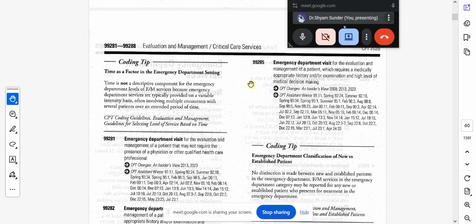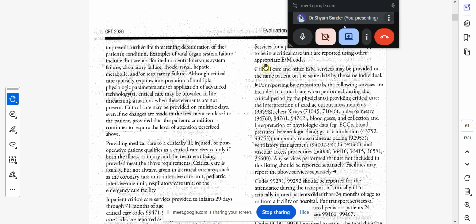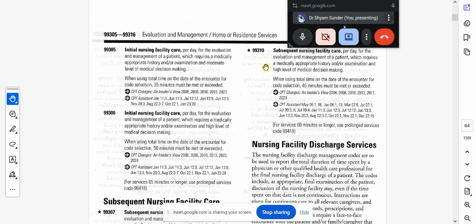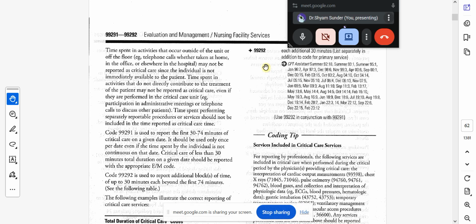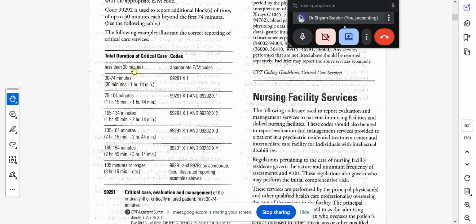You cannot use this code, but what you can use is the highest level within the category, 99285. Because the patient is in the emergency department, you can use 99285. That is a rule, because it is given here: less than 30 minutes, appropriate E&M code.